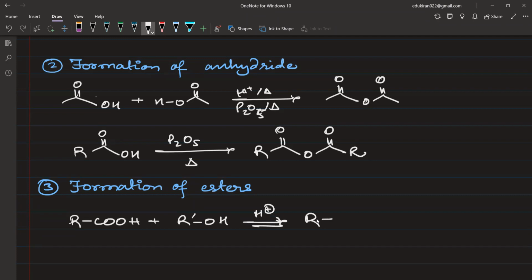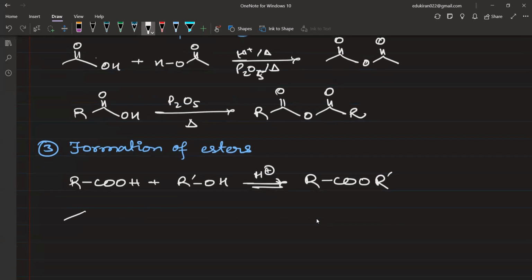You are going to get RCOOR dash. Okay, so for example, you have 1, 2, 3 carbon atoms COOH, plus you have 2 carbon atoms with an OH group. So here we have propanoic acid, here we have ethanol.